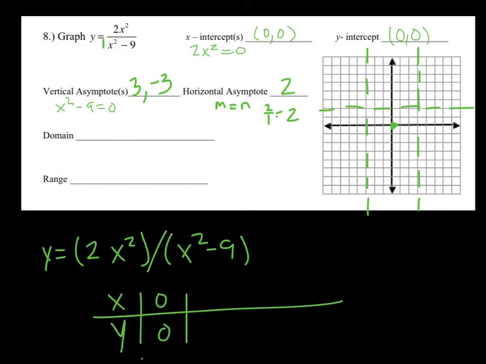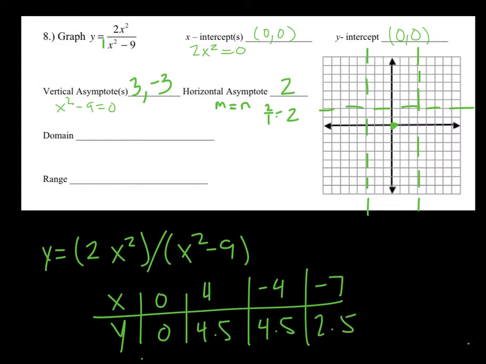So (0, 0), (4, 4.5). And I'm not point crazy, guys, but if you are using the calculator, you should be able to pull some points here. And (7, 2.5). There we go.